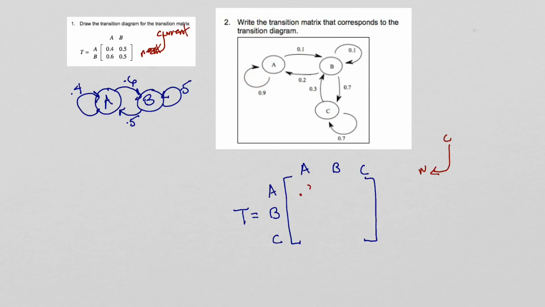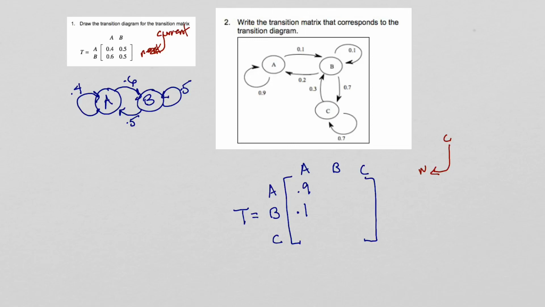So this is going to be 0.9. And then if we're in A, probability of going to B is 0.1.